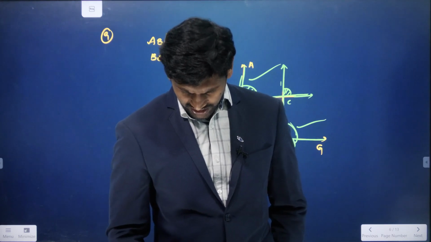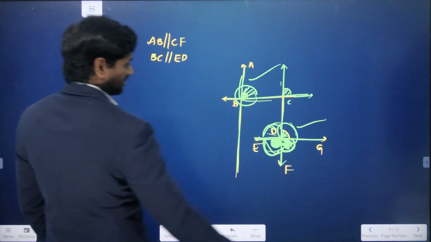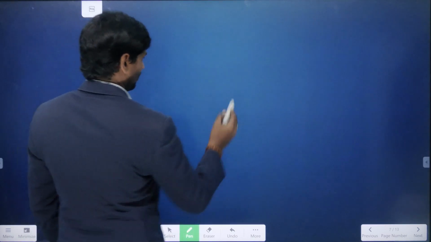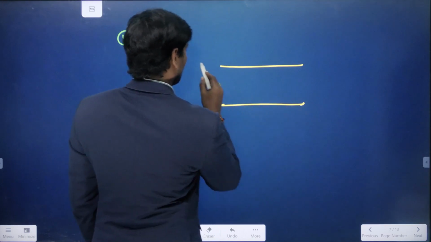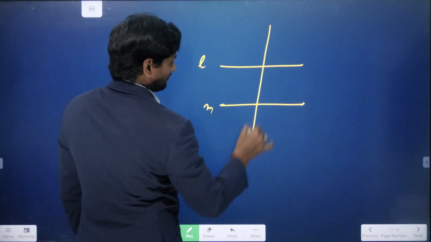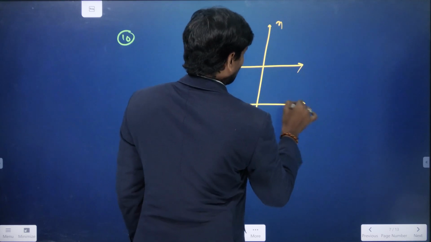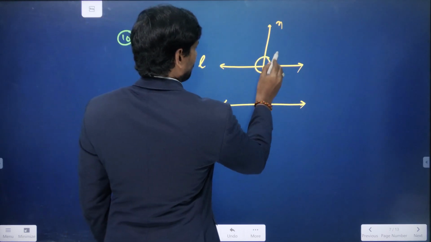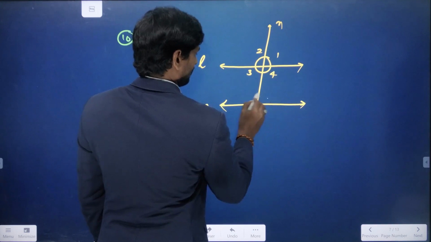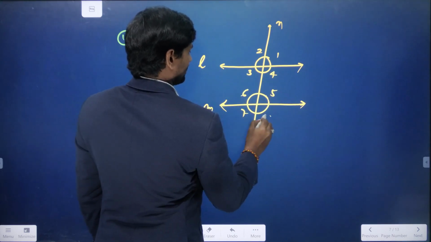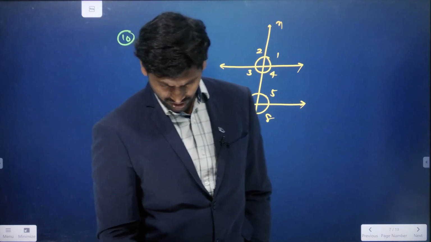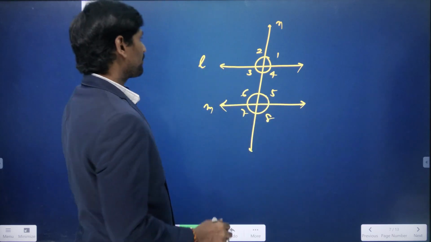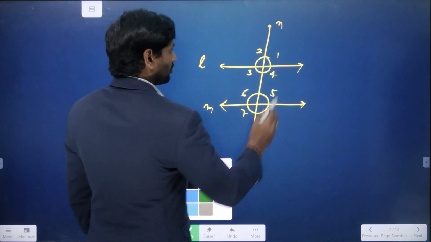Here one diagram is given. L and M are parallel lines. N is a transversal. And here there is a formation of angles like 1, 2, 3, 4, 5, 6, 7, 8. Like these angles are given. But while you are observing the question, given L is parallel to M, angle 1 equals 2x plus y, this one.